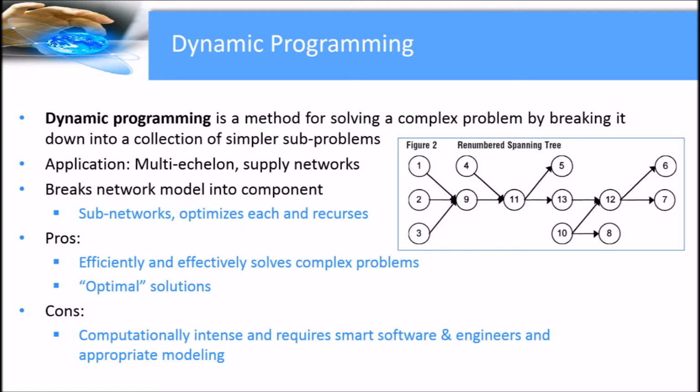Then the dynamic programming rigorously solves for the optimal solution, and then once it has the answer, it iterates through the network to propagate that answer up and down the chain, the network chain. And this is known as a spanning tree to pure mathematicians. This is a very good way to solve stochastic, which we'll talk about in a little bit, and multi-echelon network problems. And dynamic programming does require some care in your modeling and some advanced understanding in its application.